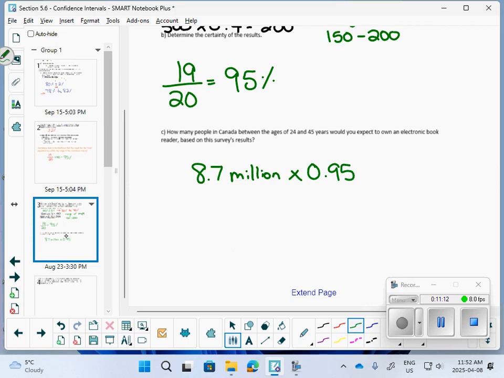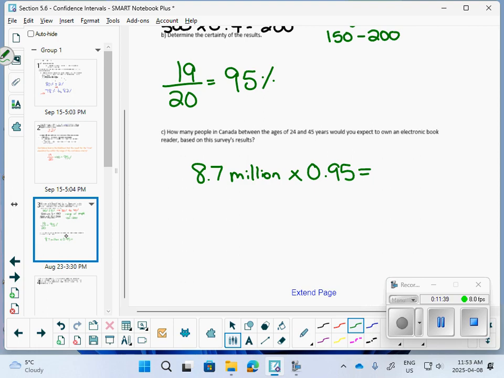8.7 million would be 8,700,000 times 0.95. But if you just do 8.7 times it, you're going to have a decimal and you add the word million after. I will not know this answer, and there's no quick little trick for that one.